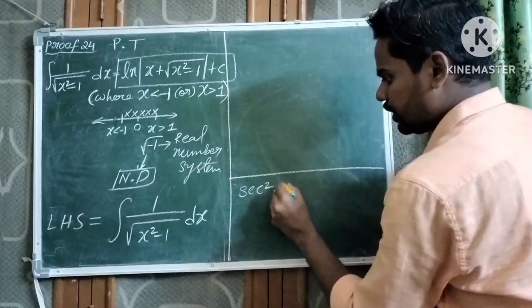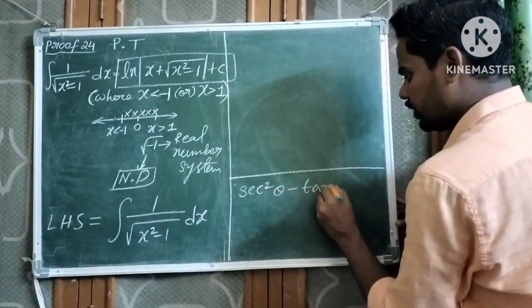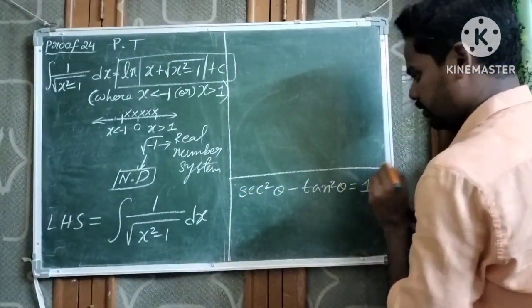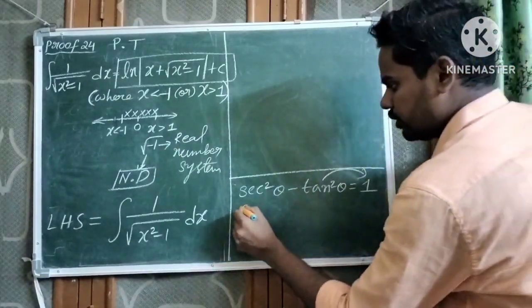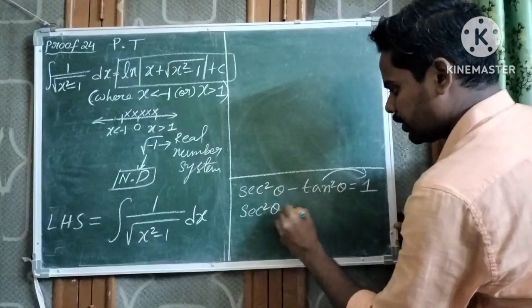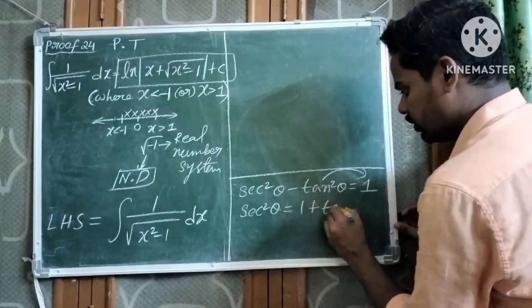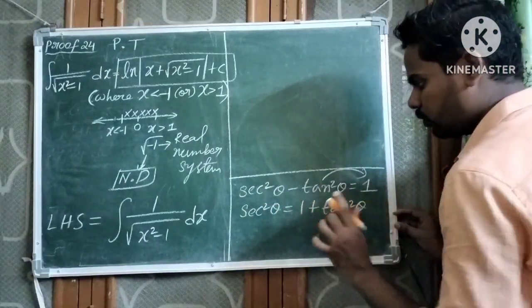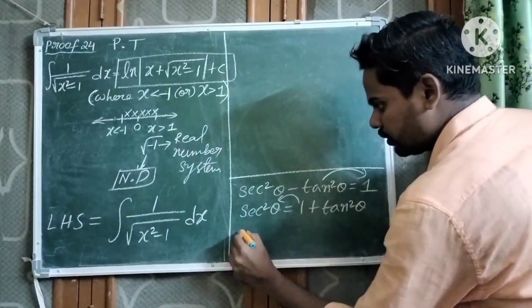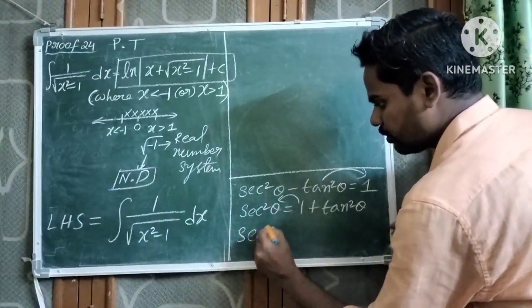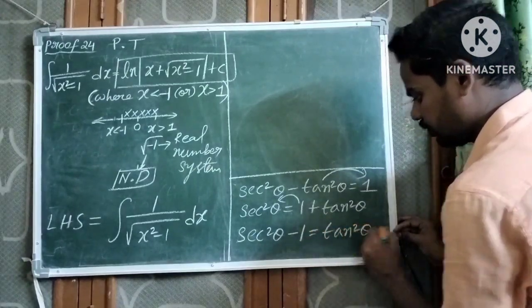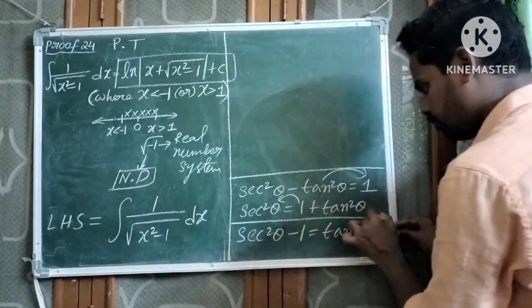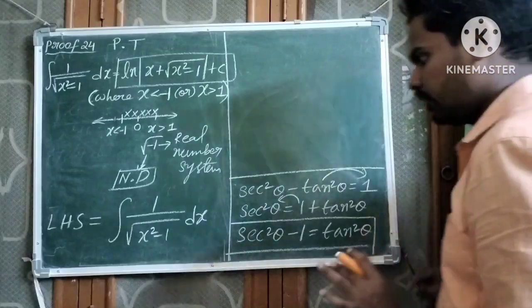Secant square theta minus tan square theta is equal to what? 1. Transpose tan square theta: secant square theta is equal to 1 plus tan square theta. Now transpose plus 1, positive becomes negative: secant square theta minus 1 is equal to tan square theta.